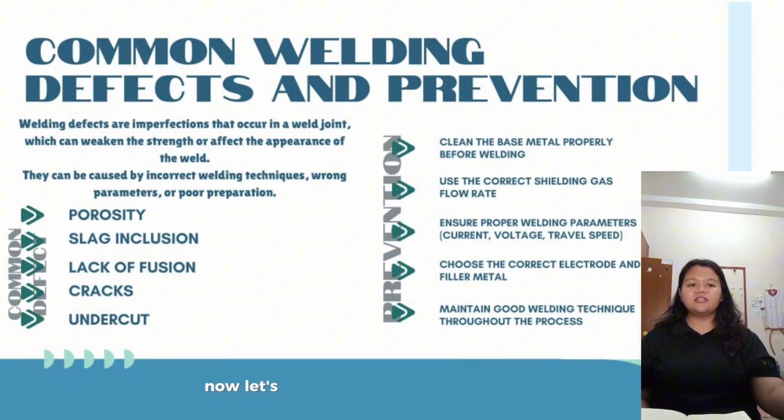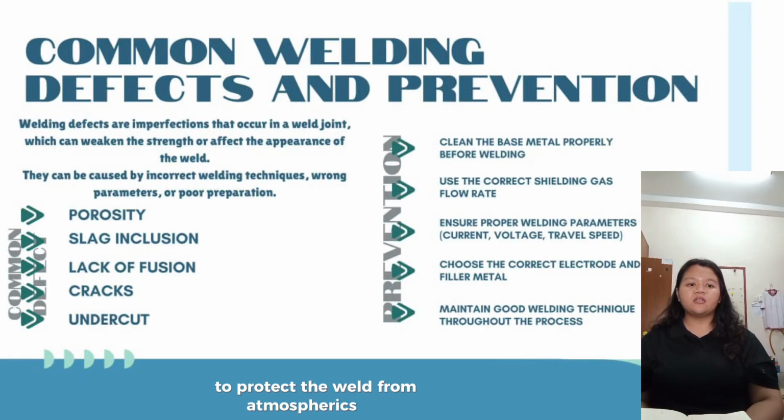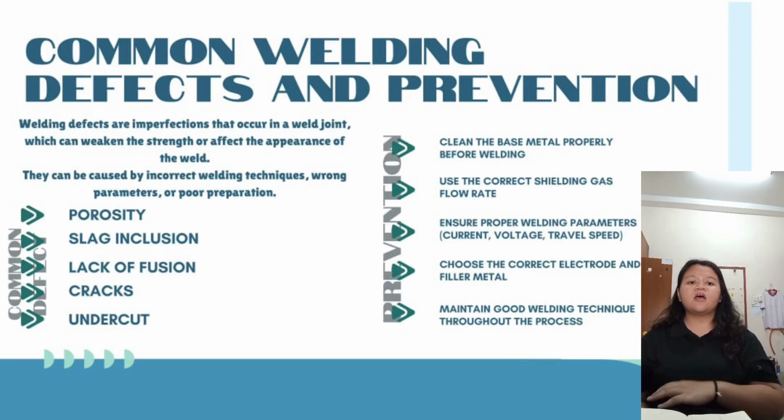Now, let's discuss prevention methods. First, always properly clean the base metal to remove any contaminants. Use the correct shielding gas flow rate to protect the weld from atmospheric gases.